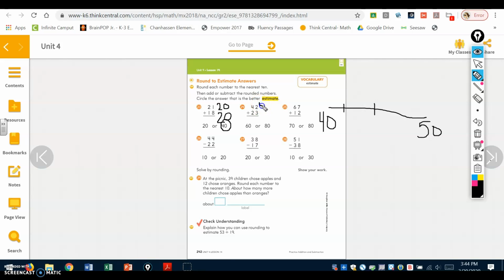I know it's closer to 40, so I'm going to write 40, and then 23. Am I going to round down to 20 or up to 30? I know I'm going to round down to 20. So I'm going to write it 20 here. 40 plus 20 is 60.